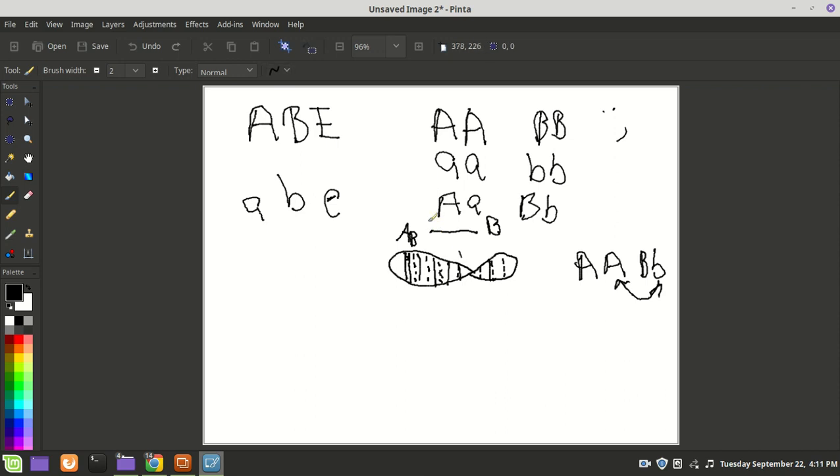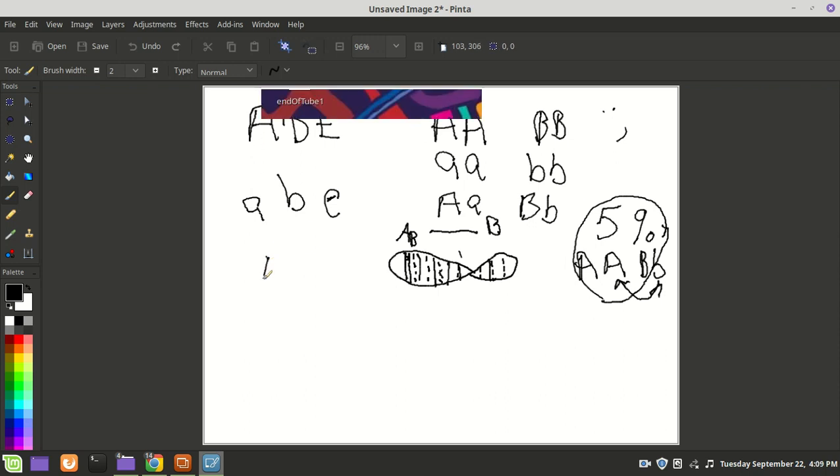So if you end up with 5% of your flies with this case, that might be maybe a medium amount. And you can use this 5% to tell you the distance compared to another fly with another set of genes, maybe A and E.